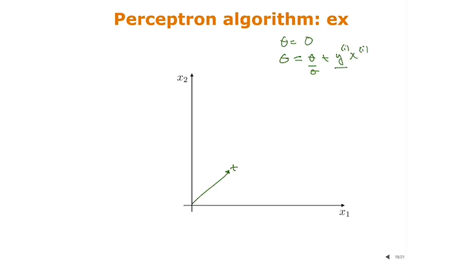The label for this is +1, and this is the example. So the parameter vector after the first update is simply xi. If this is now theta, it's the same as the example itself. The decision boundary goes orthogonal to that.